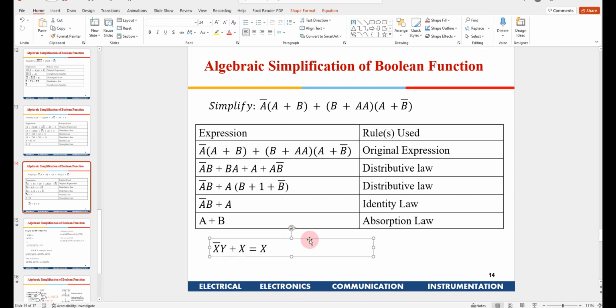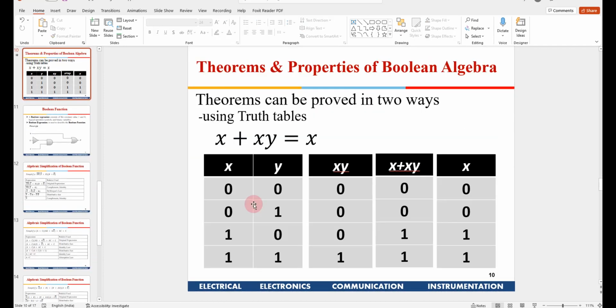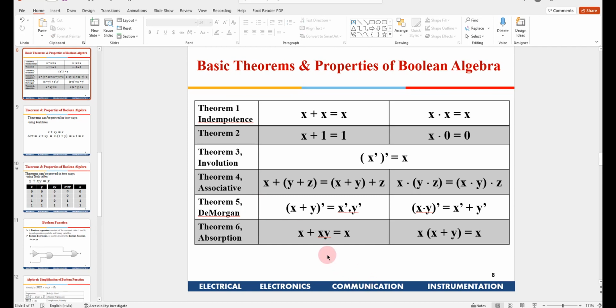A bar B plus A is going to be B. So if A is equal to 0, then this is going to be 1, so it is going to be B. Similarly, if A is equal to... am I making the absorption rule? I think that is already given. Let me go back. Yeah, it was already given.